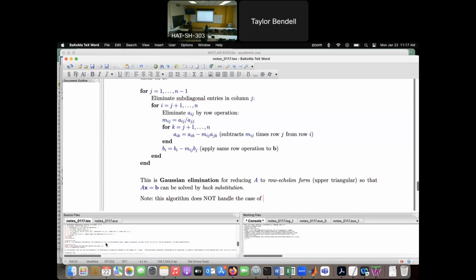From that algorithm, can you emphasize the for k? This line right here? About starting at j plus 1, that issue, or? The k.